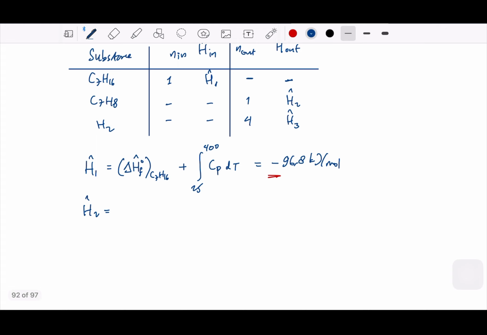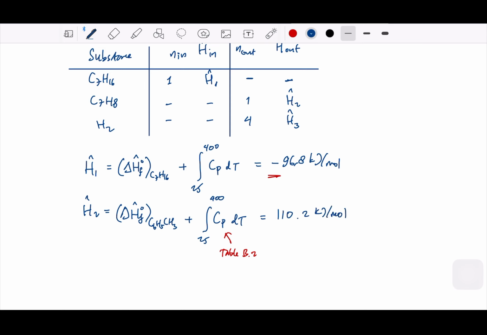Now the H2, this is the toluene, same thing as the first one, but now it's for the toluene, also taking the integral of CP dT, but now we are using Table B2 for the CP. Taking some calculations, we end up with 110.2 kilojoules per mole. And then H3 for the hydrogen.